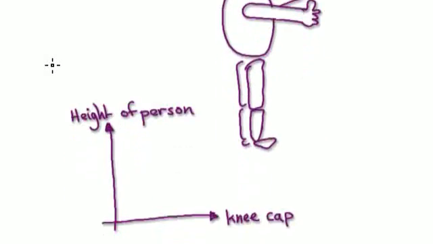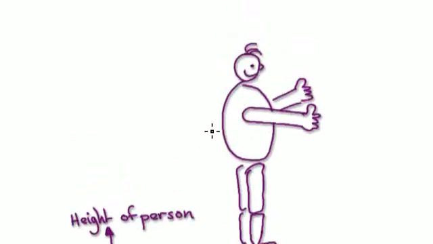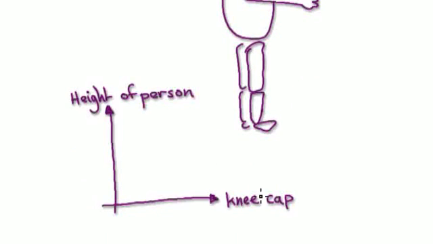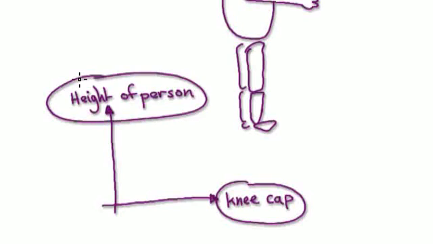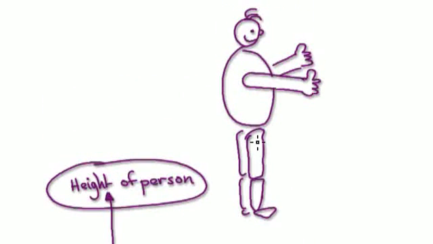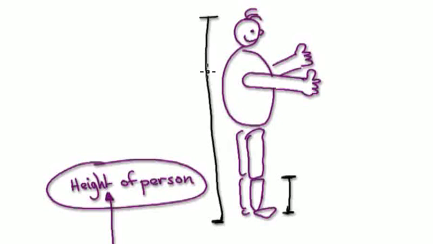Okay. Or maybe you could argue that the kneecap of a person is directly proportional to the height of the person. Meaning that if you look at a person, this distance here could be directly proportional to the height of the person.